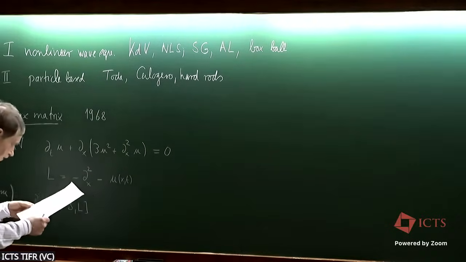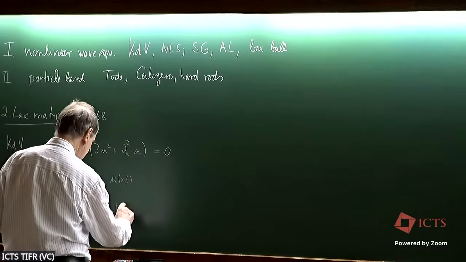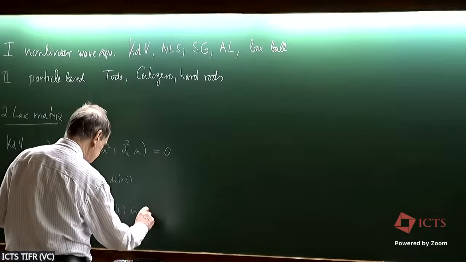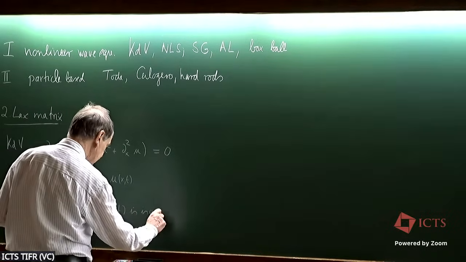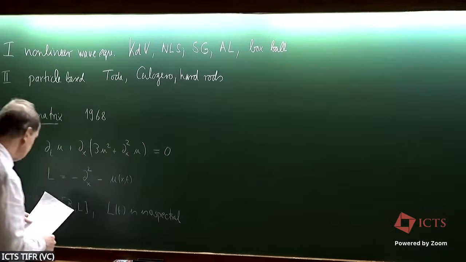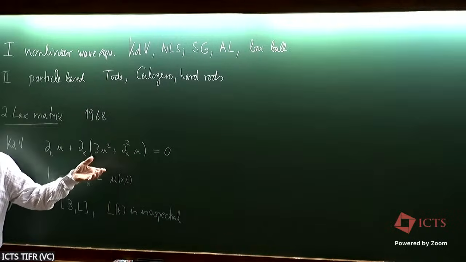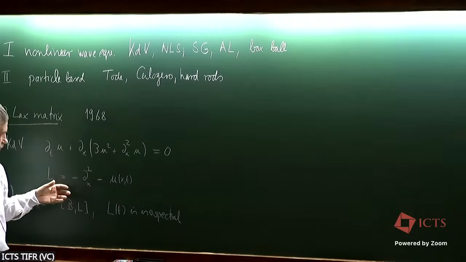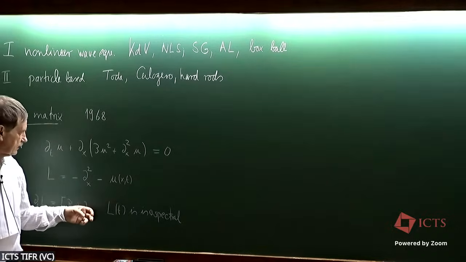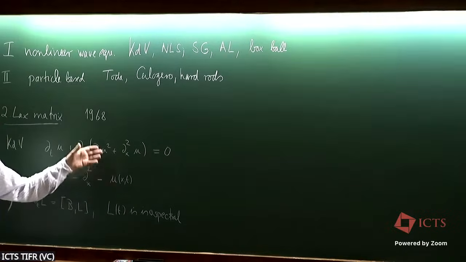Okay, so now why is this important? Because what this tells you is that L of t is isospectral. This operator, as you well know, can have both continuous spectrum and eigenvalues, but the assertion is that it comes directly from this commutator. It's a symmetric matrix, so I have real eigenvalues.